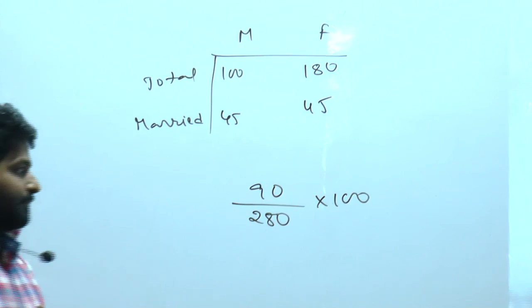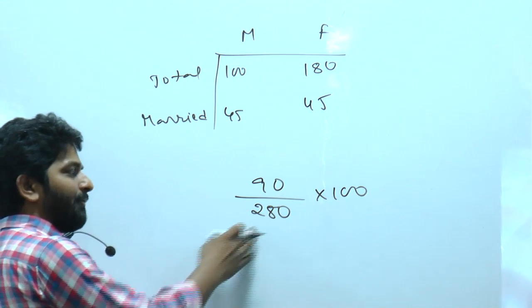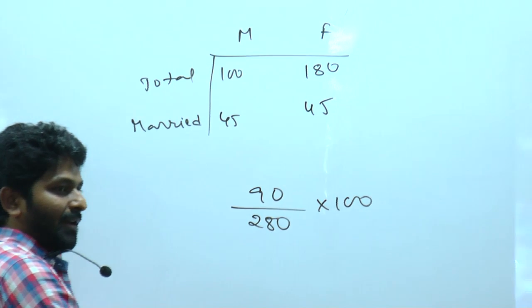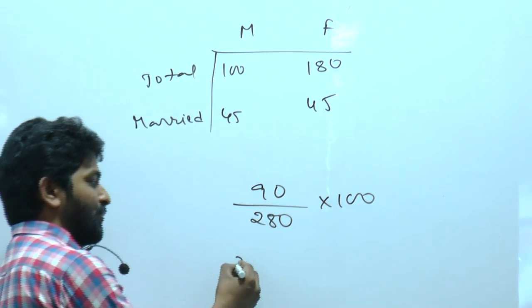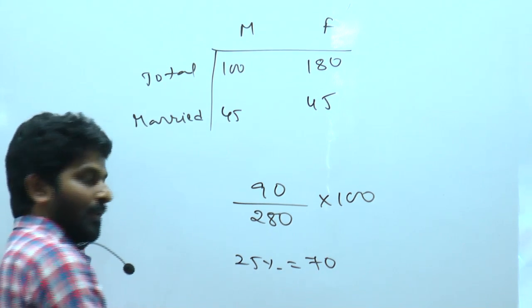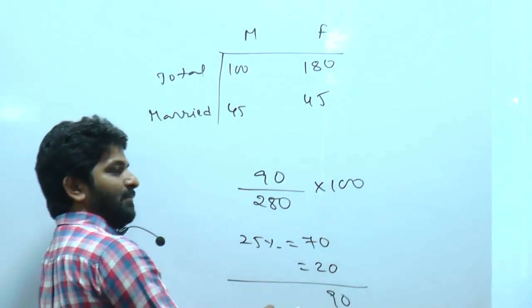Got it? Half. 140. Again half. So 25% is equal to 70. Yes? To this number you need to add 20 so that it becomes 90.